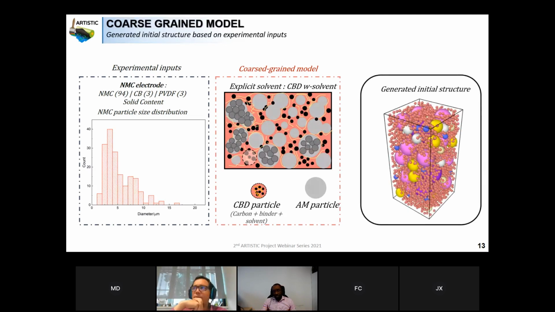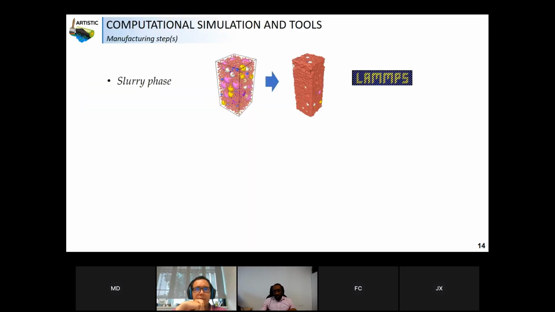So with all this information, we can calculate the number of particles of each component, for active material and for CBD, and then we obtain the initial structure according to the composition and solid to liquid ratio.